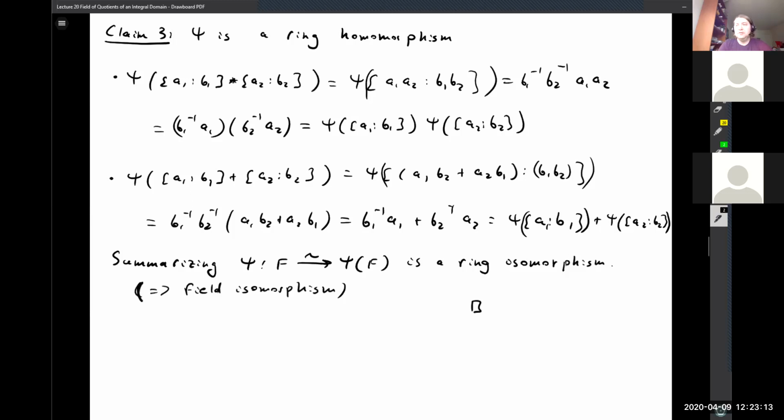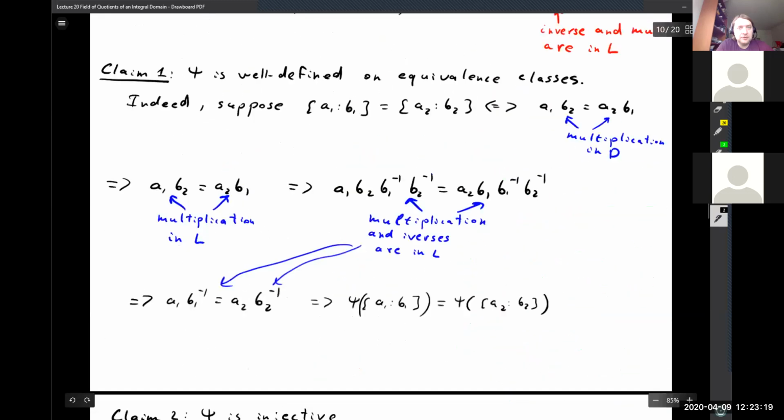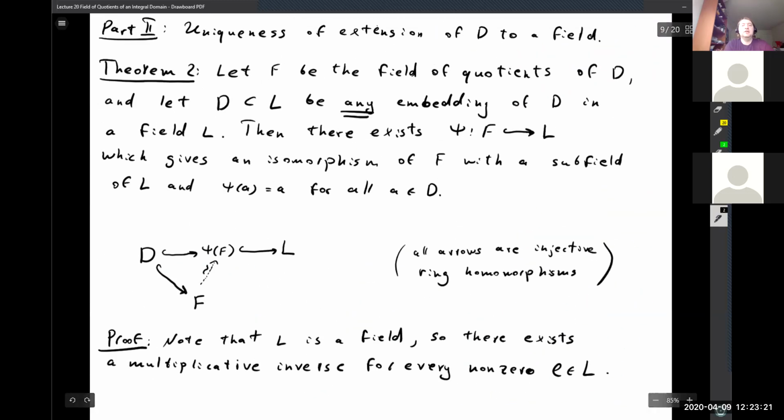Okay, so any questions about this theorem or its proof? So let me just go back to the statement. In the first part of the lecture, we proved that every integral domain can be extended to a field.